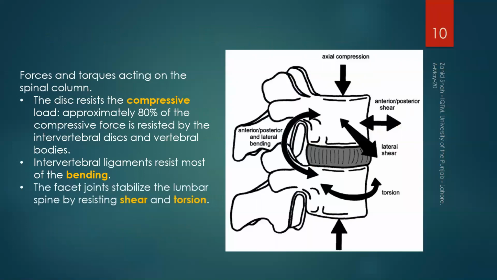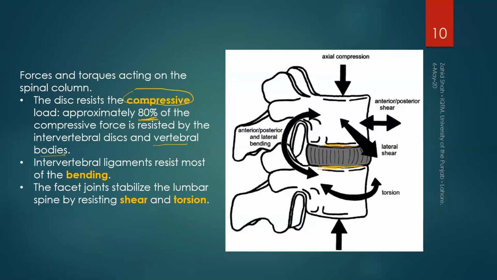I already mentioned this point that the intervertebral disc resists the compressive force. Approximately 80% of the compressive force is resisted by the intervertebral disc and vertebral bodies, at the points where the disc touches the vertebral body.